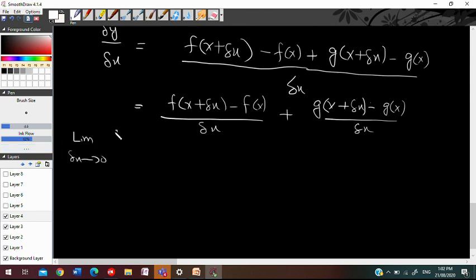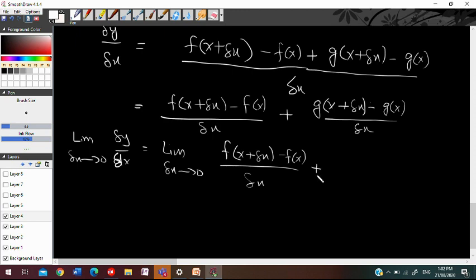del y by del x, sorry, del y by del x is equal to limit del x approaches 0, f of x plus del x minus f of x divided by del x, and this is the property of limit. Then we can apply the limit on all the terms on which limit is applied.